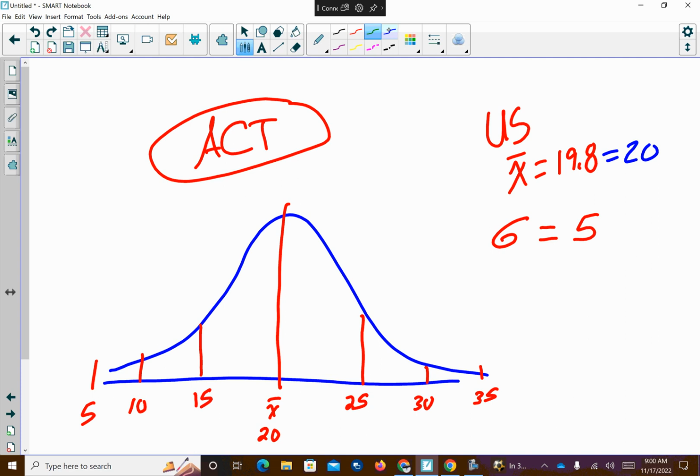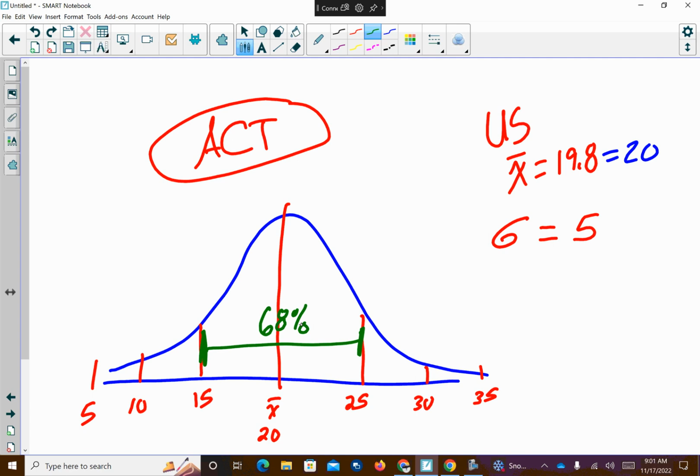So this one standard deviation range will account for 68% of all of our scores. So if we rounded the average to 20 and the standard deviation was 5, 68% of the people that take the ACT will score between a 15 and a 25.